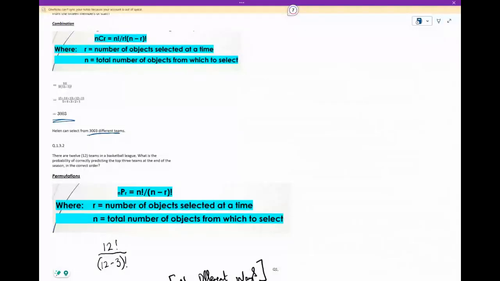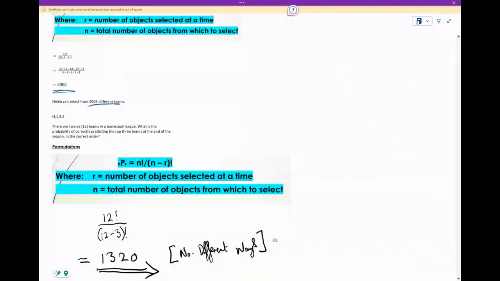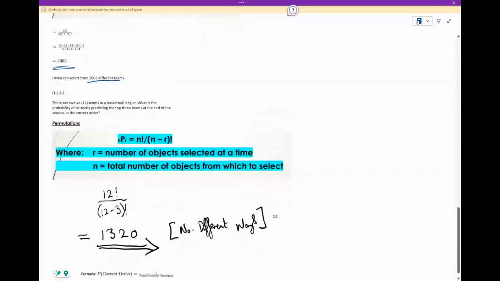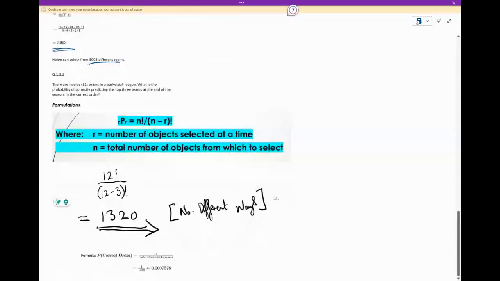So here, remember, they're asking what is the probability. They're not just asking for the number of combinations where you select the right order. They're asking for the probability. So once you get your number of permutations, you say 1 divided by total possible outcomes.